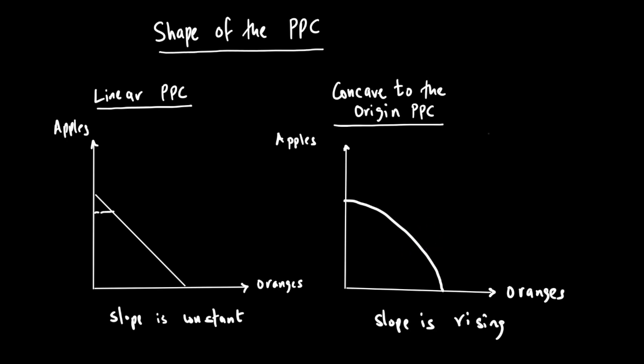Because for example, if this is 50 and this is, let's say, 10, and if I go to 40, then this value might be, let's say, 15, and then let's say I go another minus 10 to, say, 30, then I would get the same kind of an increase here in terms of oranges, like 20.